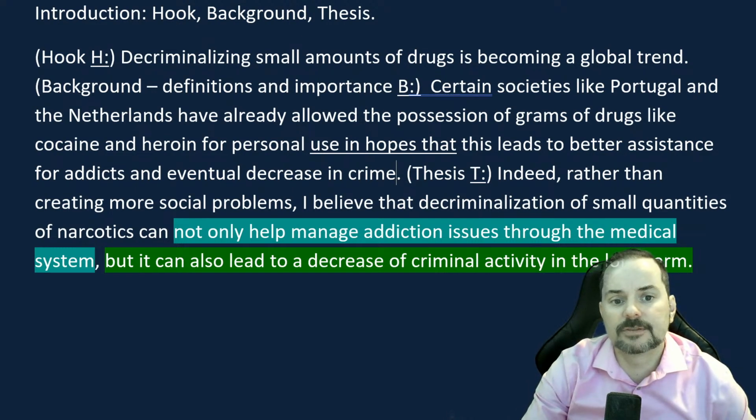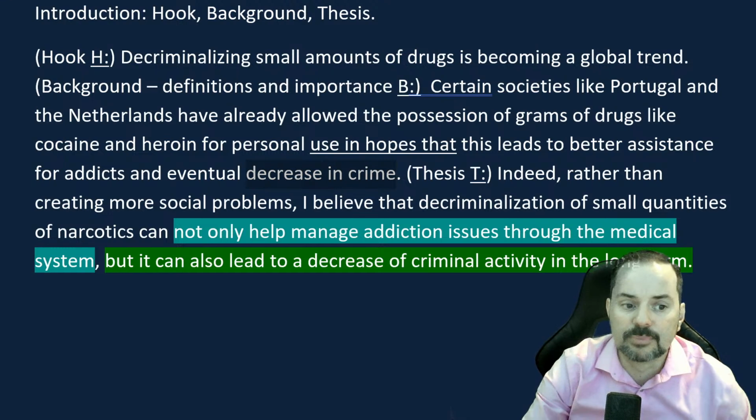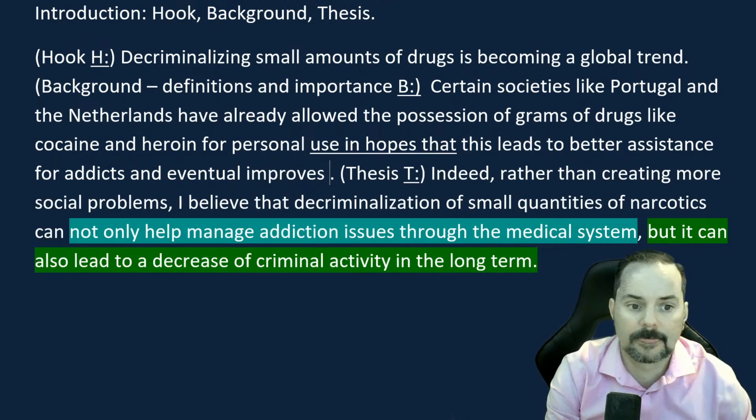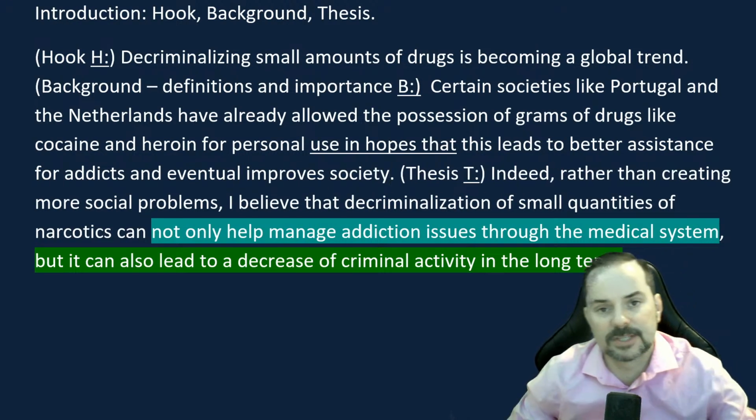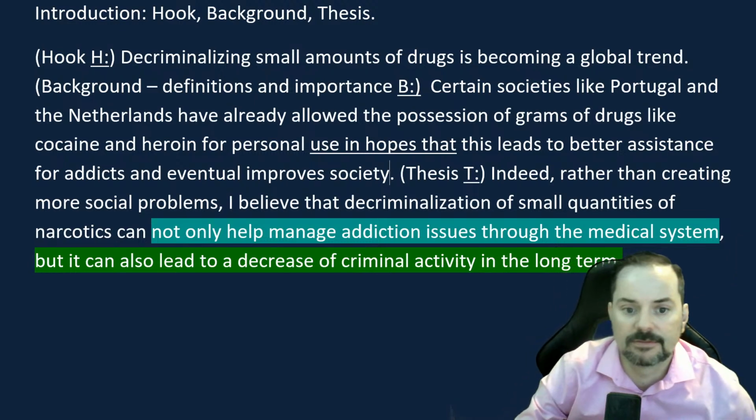Decriminalizing small amounts of drugs is becoming a global trend. Certain societies like Portugal and the Netherlands have already allowed the possession of grams of drugs like cocaine and heroin for personal use and hope that this leads to better assistance for addicts and eventually improves society. Now, because I don't want to repeat myself.